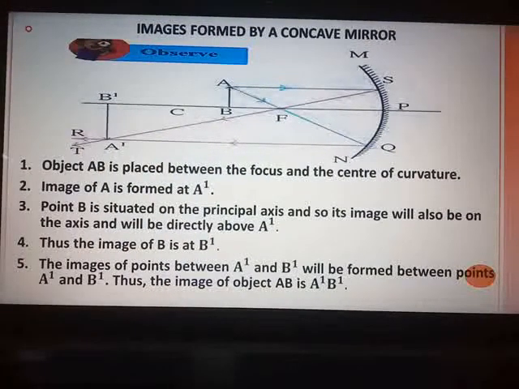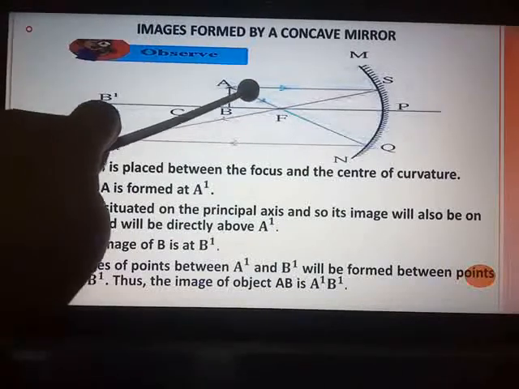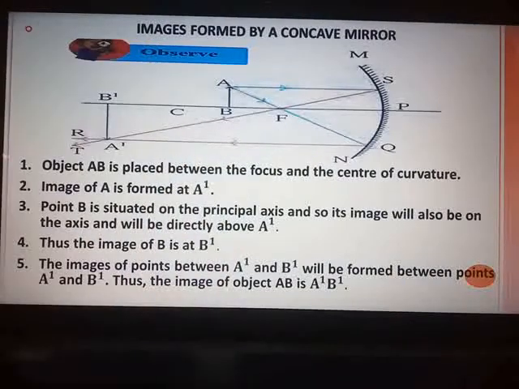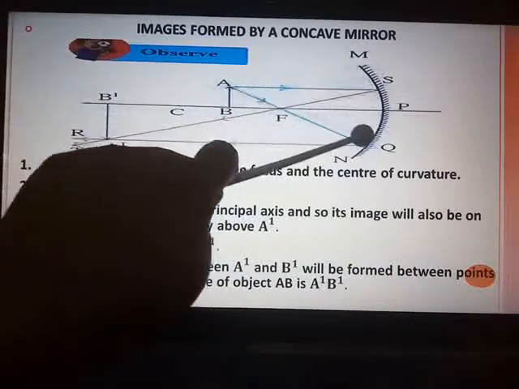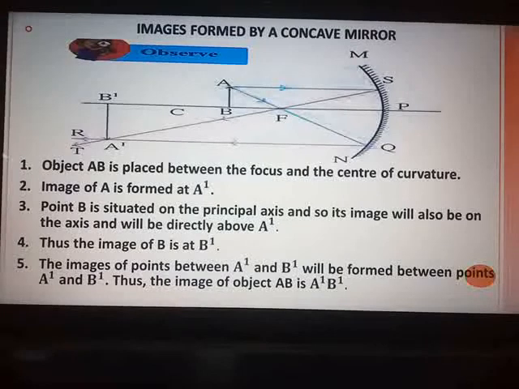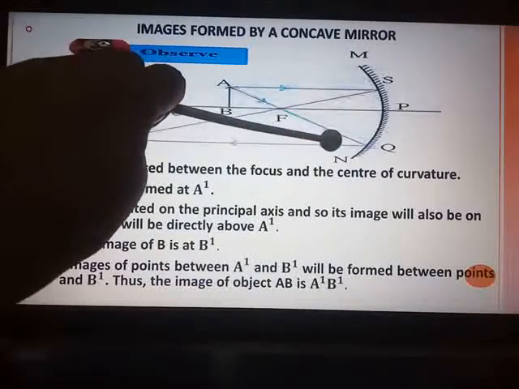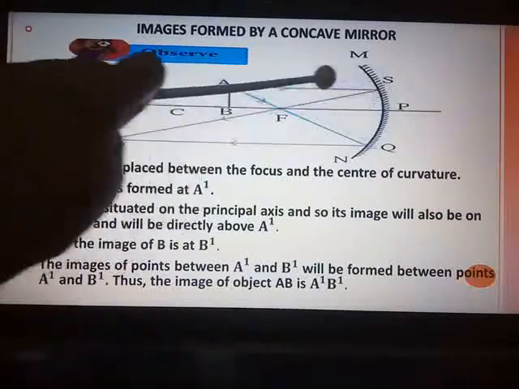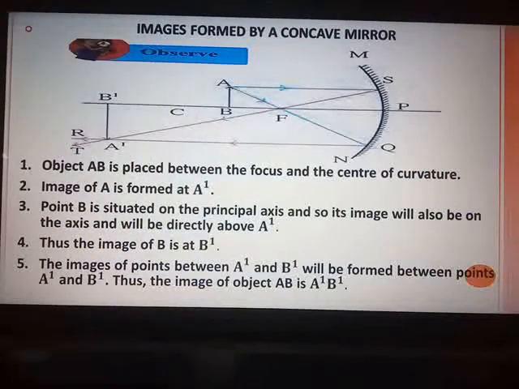Here the incident ray AQ. This is the incident ray. You can see an arrow in the downward direction towards the mirror. So AQ is the incident ray starting from point A and going through the focus F. It becomes parallel to the principal axis after reflection and returns along path QR.